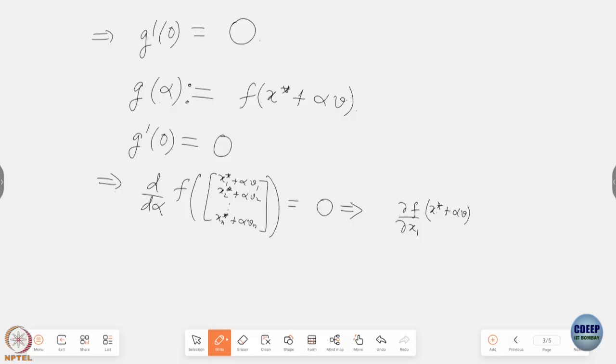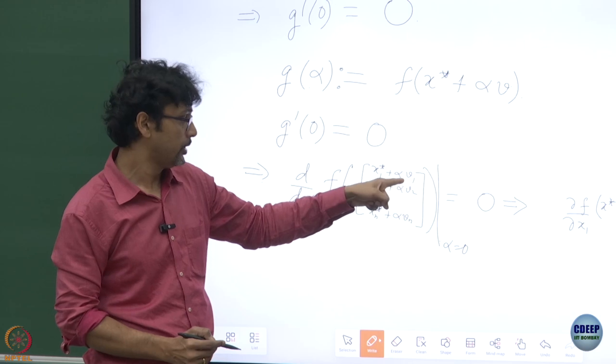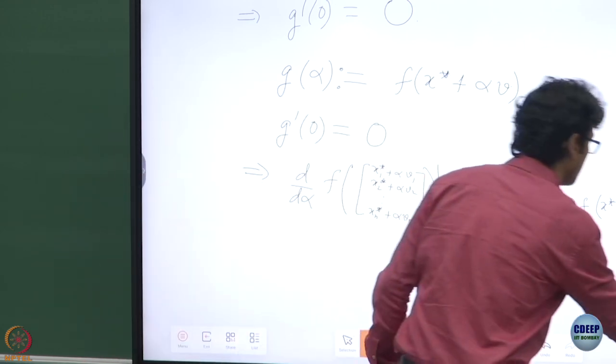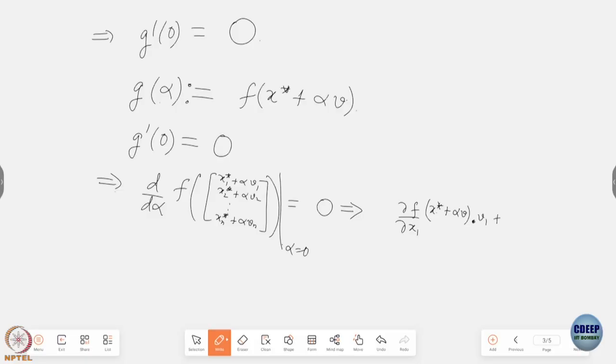Yeah, okay, of course, I'll just say that this is at alpha equal to 0, just so that you remember. This is what exactly? What comes in here? When the first argument is differentiated with respect to alpha, you just get v1, plus just products of scalars, right?